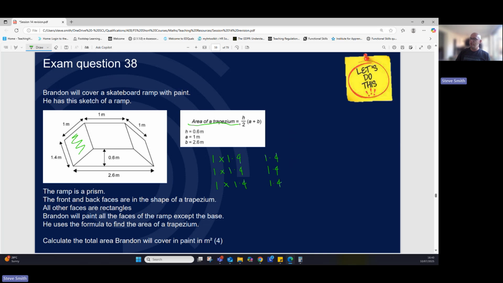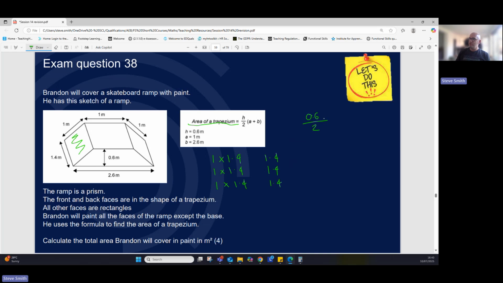It says the area of a trapezium is the height divided by 2 times by A add B. It doesn't say which is the top and which is the bottom, but it tells us the measurements already on this one. H is 0.6, divided by 2, not times by 2, divided by 2.